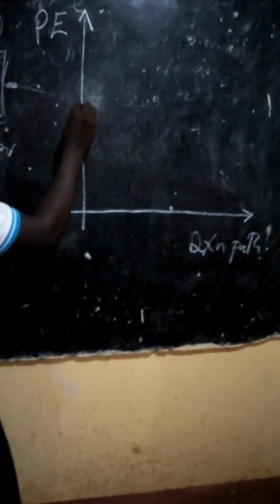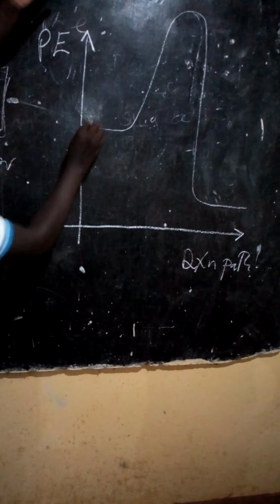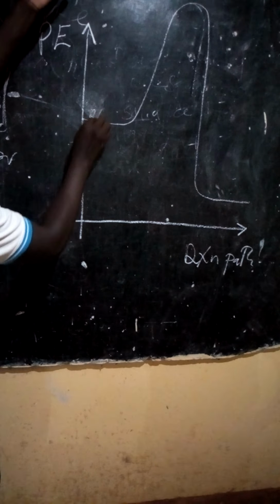Remember, according to the definition, the reactants are on a higher energy level. So here we have reactants, then here we have products.